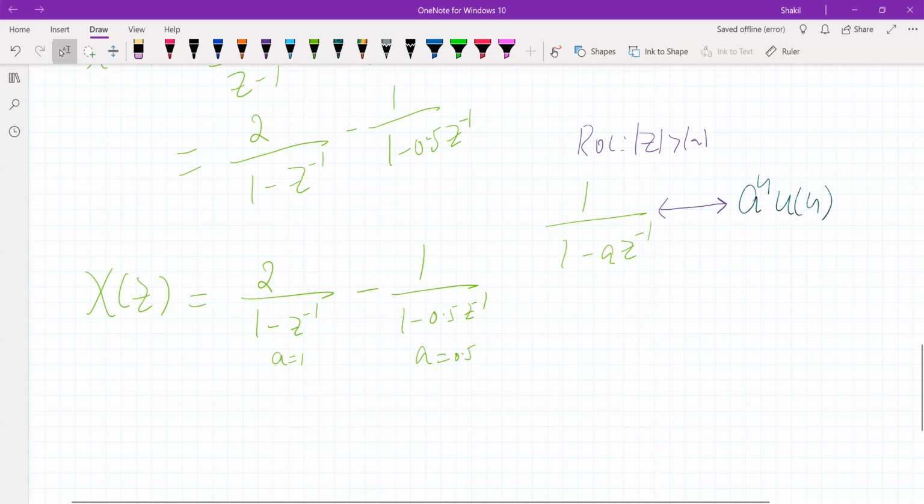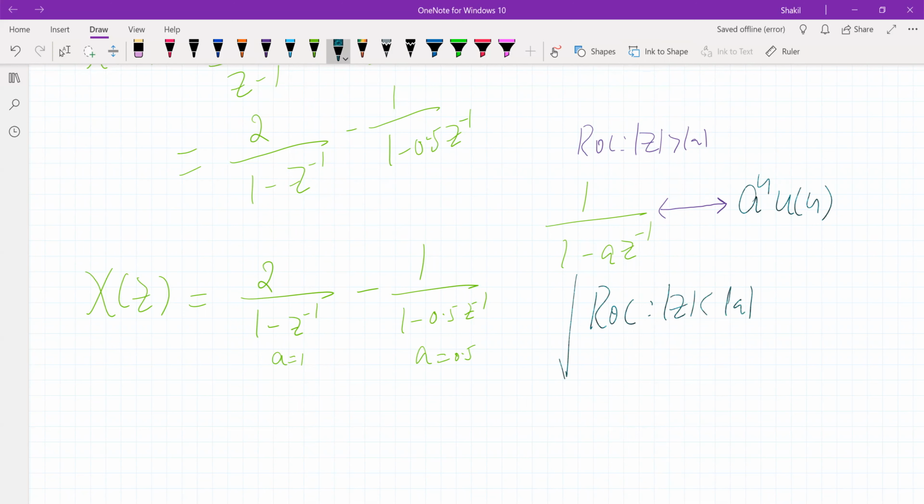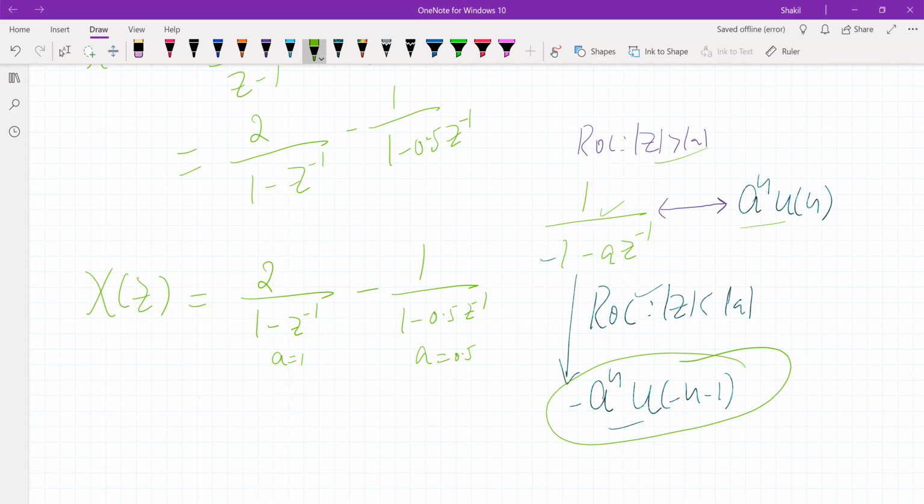But if ROC of this is given as magnitude of z less than magnitude of a, then this is the z transform of minus a raised power n u of minus n minus 1. So in the z transform this is equal to this if this is the ROC, and this is equal to this if this is the ROC. So based on the ROC, we can convert it appropriately either to this or to this.